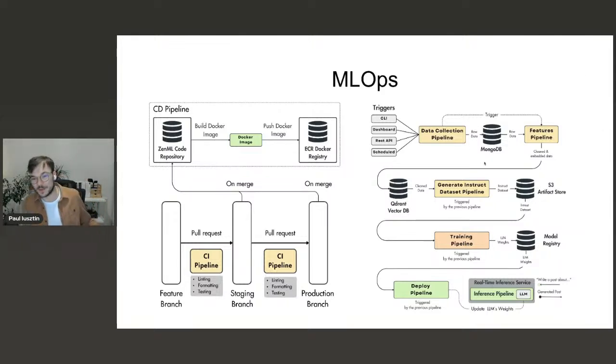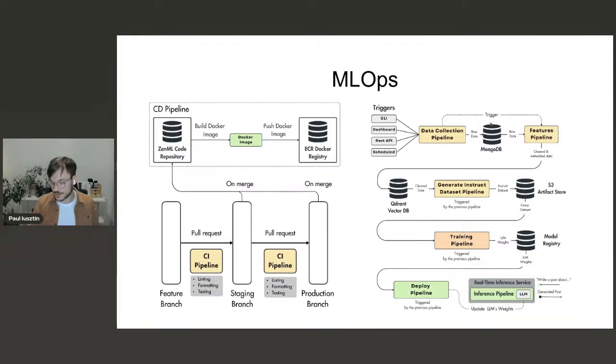So you have the trigger that starts your data collection pipeline. Then your data collection pipeline moves your data into MongoDB. And because we detached all these components through data warehouses, feature stores, vector DBs, model registries, and artifact stores, and every component has a clear interface and is not coupled to the others in the code, it's easy at the next step to trigger it.